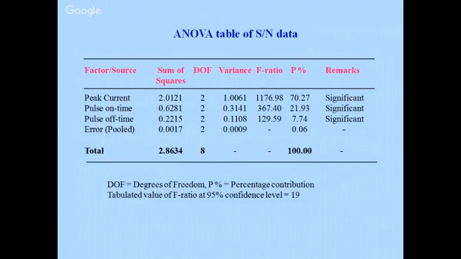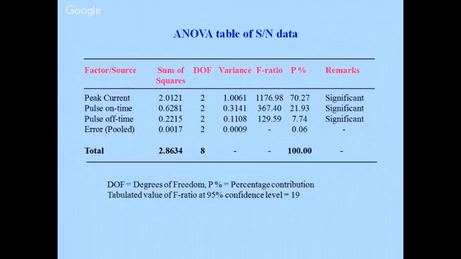And if this F ratio comes more than the tabulated value of F ratio, which is available from the table, which I was showing you just in the beginning, then the factor is significant. In our case, this value is 19. So all these factors are significantly more than 19. So all these are significant factors.